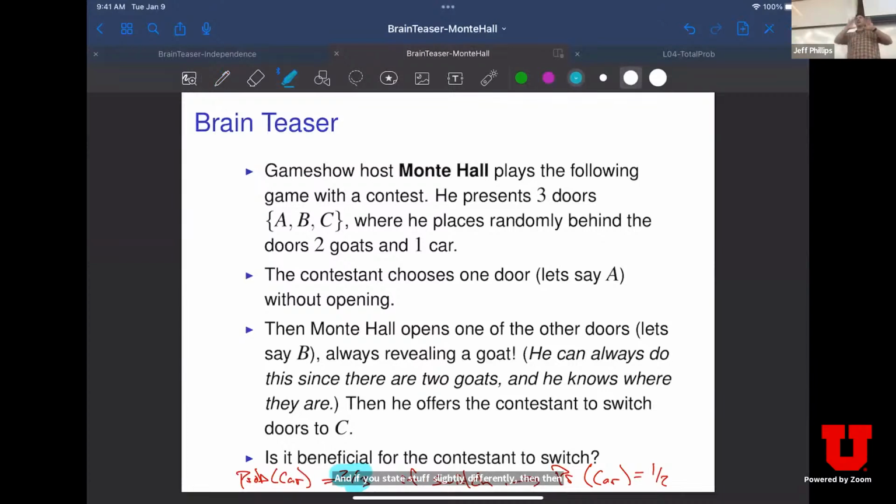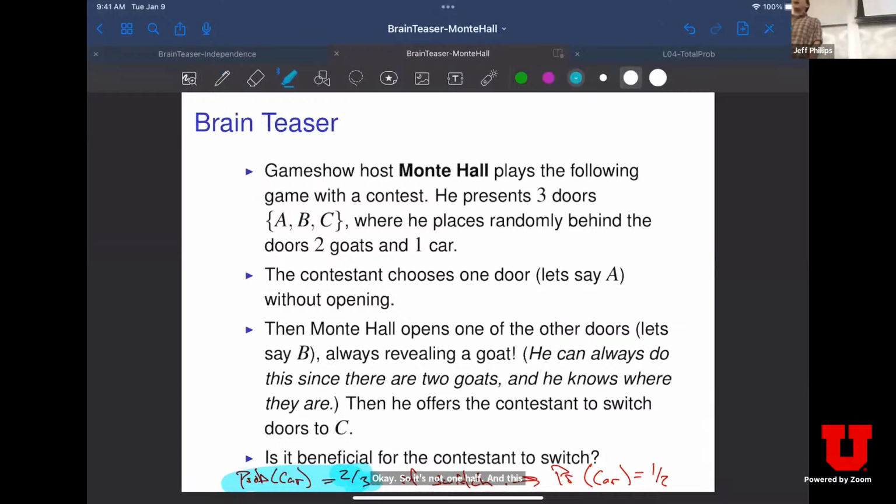There were a bunch of statisticians who said that is incorrect. But it turns out that if you switch, the probability of getting the car is 2/3. So it's not 1/2, and this is kind of confusing.